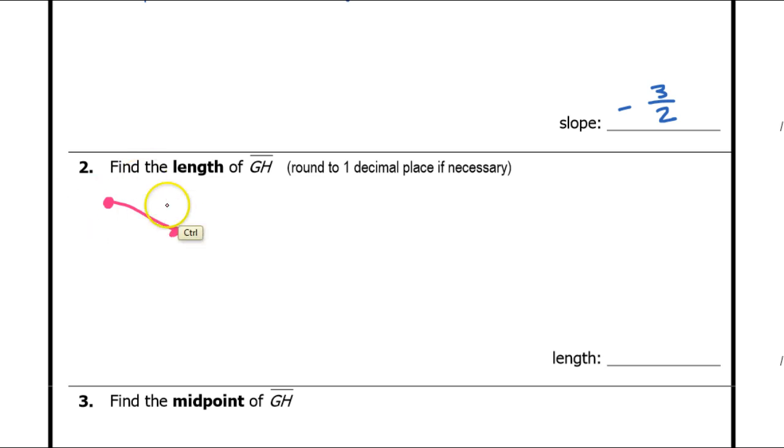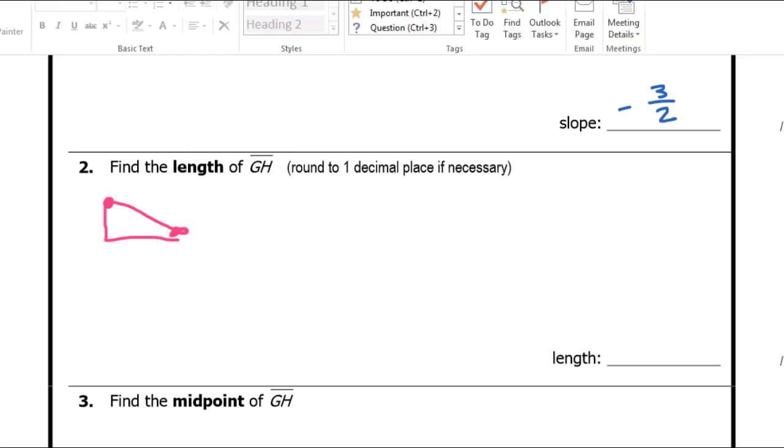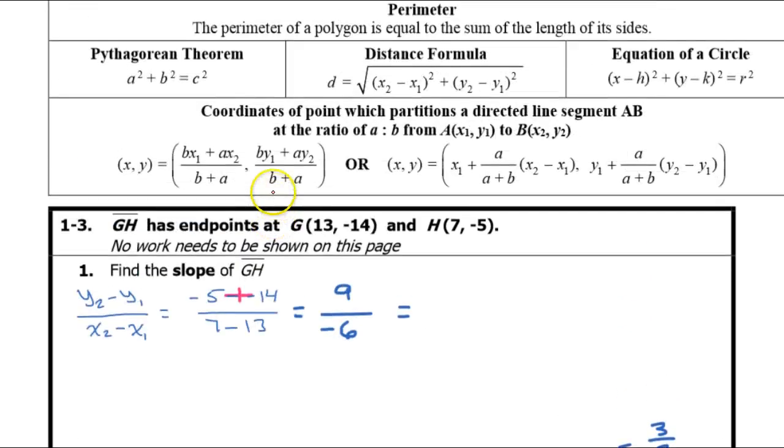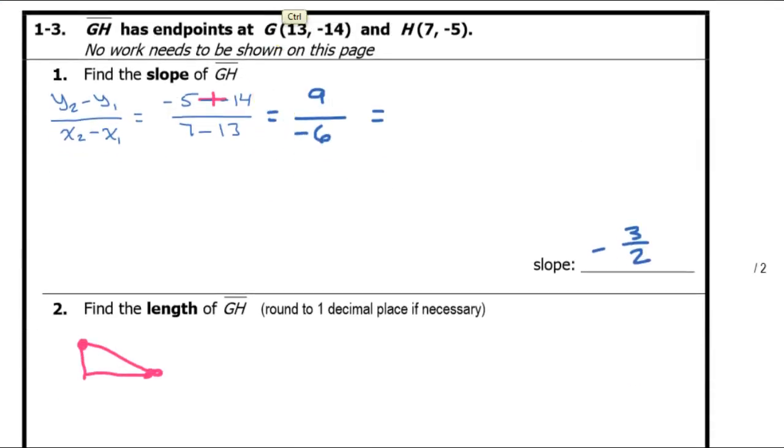It doesn't matter if it's even sloping the right way or anything like that, but make a right triangle out of it. That way you have a horizontal section and a vertical section because we are going to do the Pythagorean Theorem.